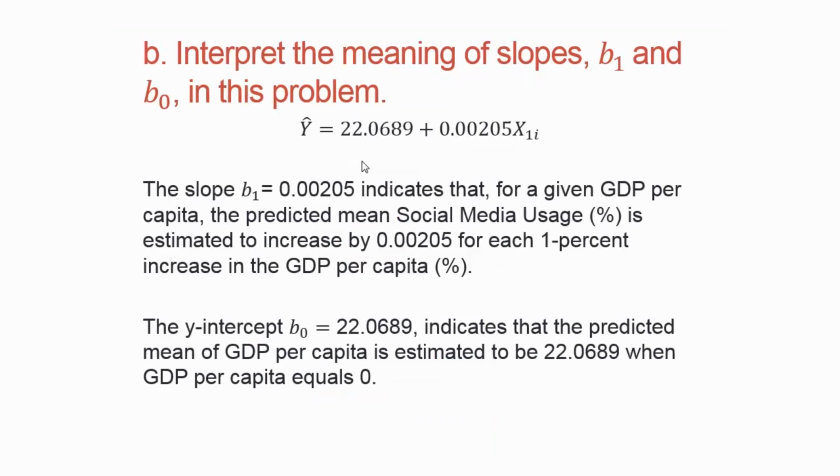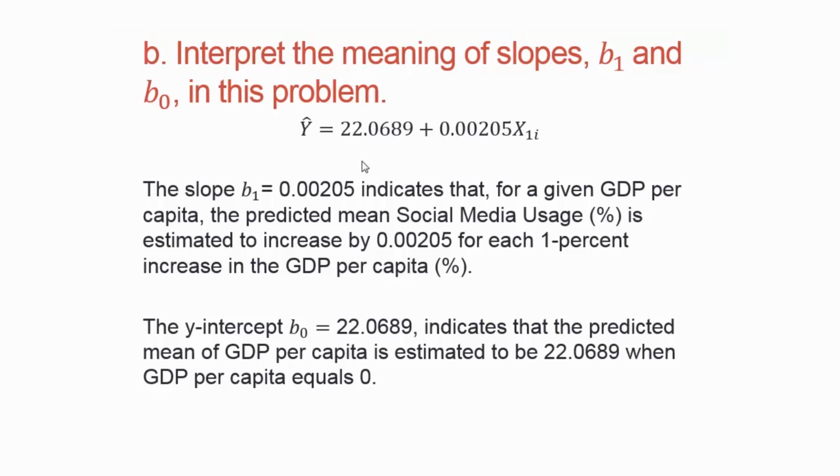Then it says, interpret the meaning of the slopes, B1 and B0 in this problem. All right, so there's my equation at the top. It says the slope, which is 0.00205, indicates that for a given GDP per capita, the predicted mean social usage percent is estimated to increase by 0.00205 for each 1% increase in GDP per capita.